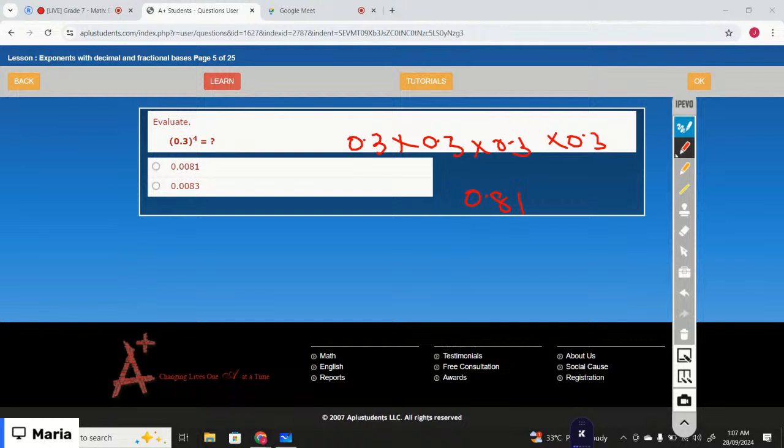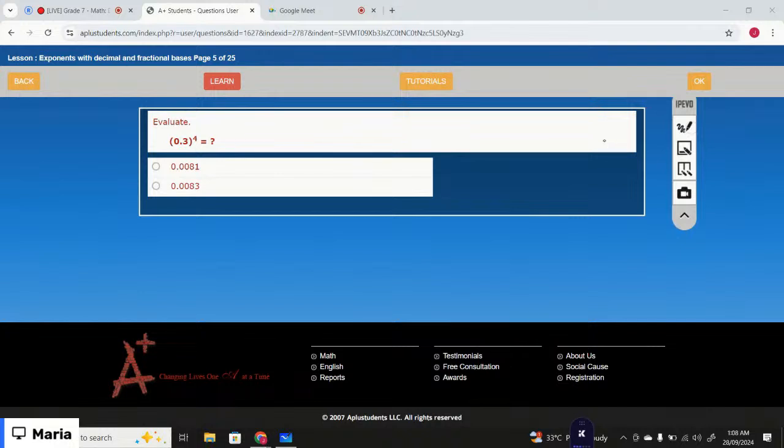Sorry, 0.0081, because you multiplied these decimal numbers 4 times, so the answer must have four decimal places. Option number 1 is the correct option.